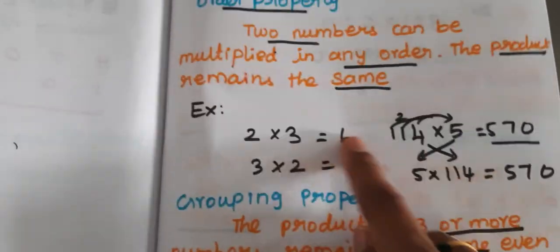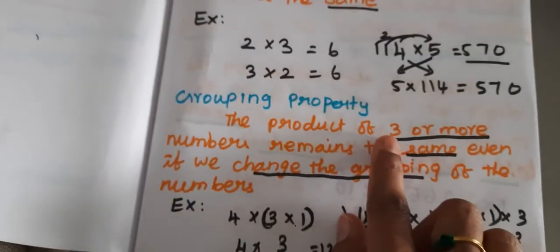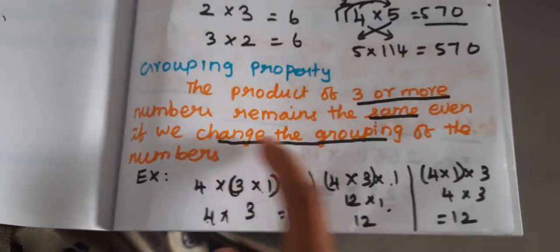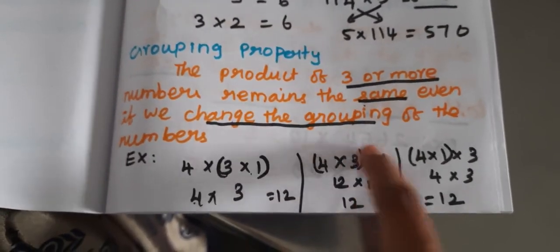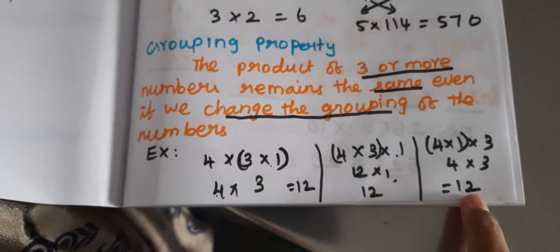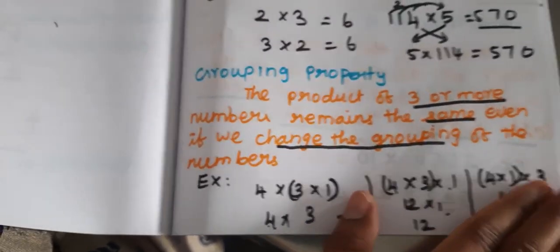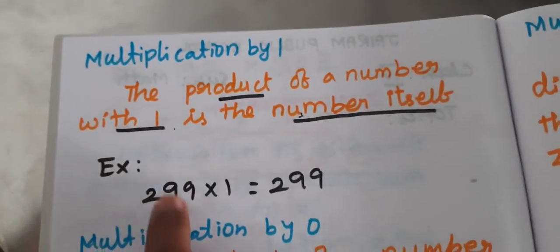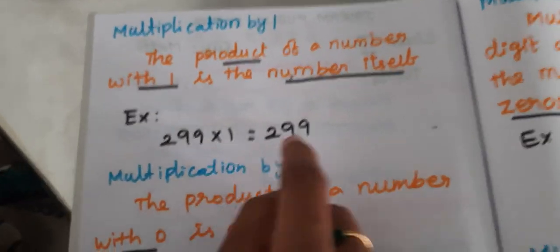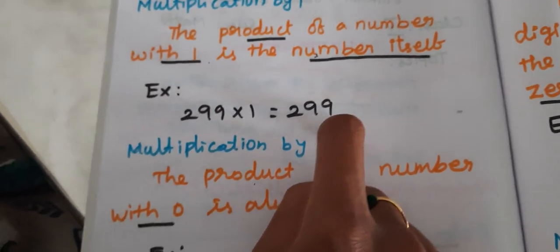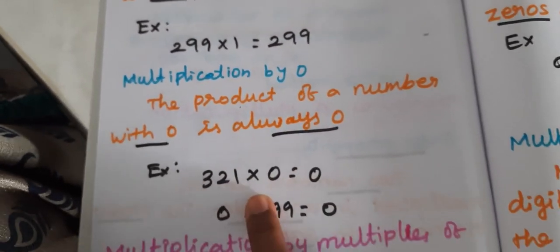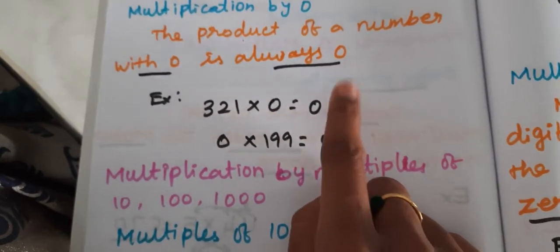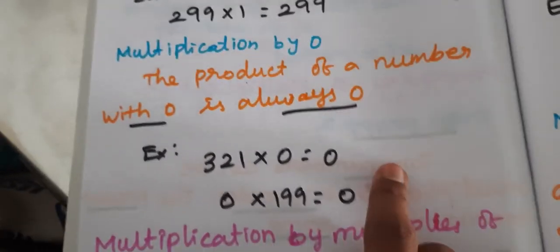Next is the grouping property: when 3 or more numbers are grouped, if we change the grouping, we also get the same product. Next is multiplication by 1: any number multiplied by 1, the product is the number itself. Any number multiplied by 0, the product is 0 only. So these are the properties of multiplication.